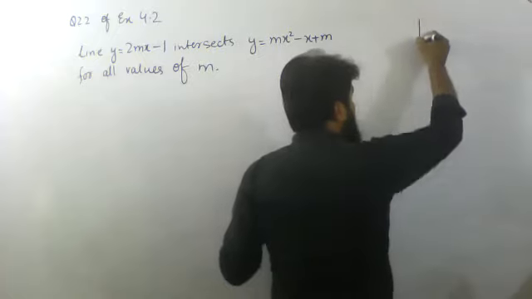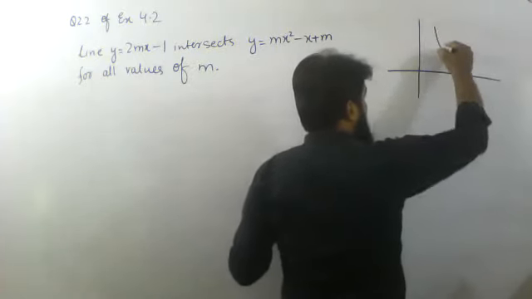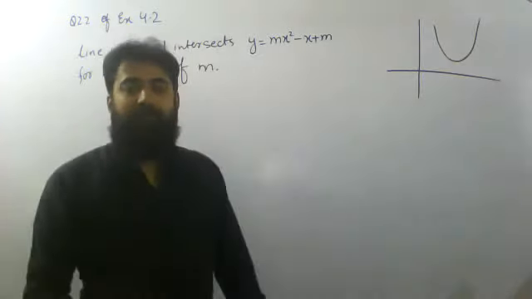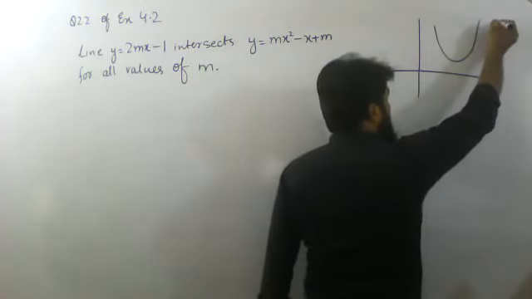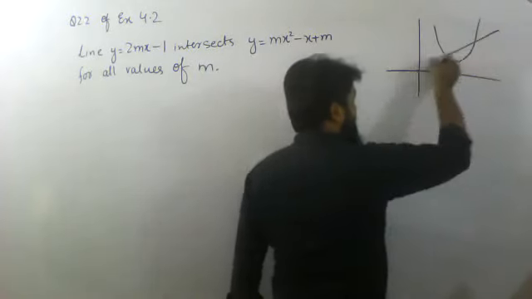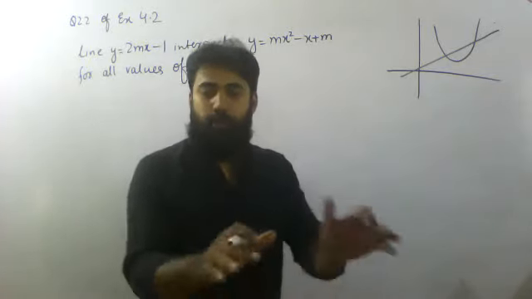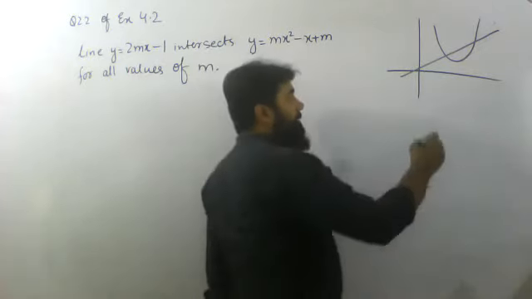For instance, I am just randomly saying I have a curve over here, and this curve is being intersected by a line, maybe at one point, maybe at 2 points. That is another thing, we will discuss it later. Now, what will happen?